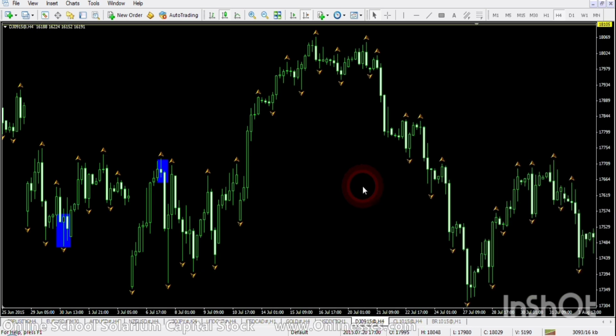So you see, you've learned all these highs and candles. We go to the continue trend candles, like here.